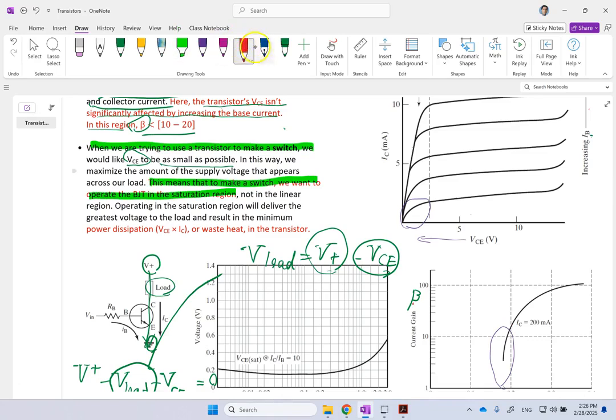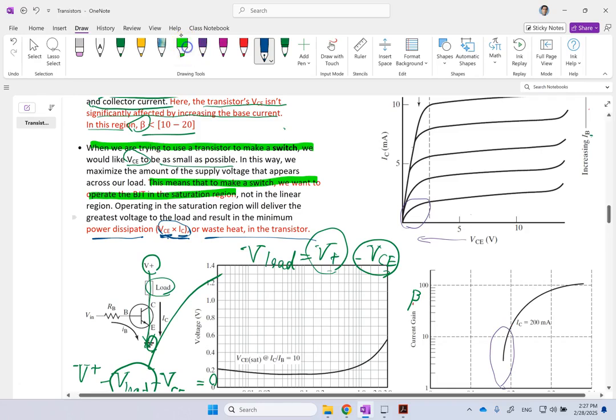And the reason also is that if you minimize VCE, then VCE times the current that goes through the collector, V times I, is the power that is being dissipated. Then VCE times IC, when you minimize VCE, the power that is dissipated in the transistor in terms of heat will also be minimized, right?